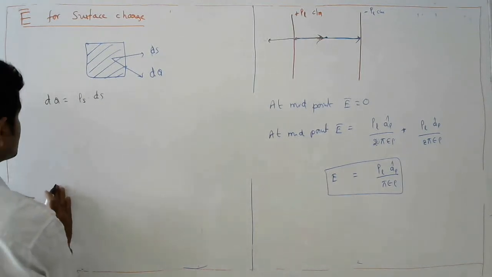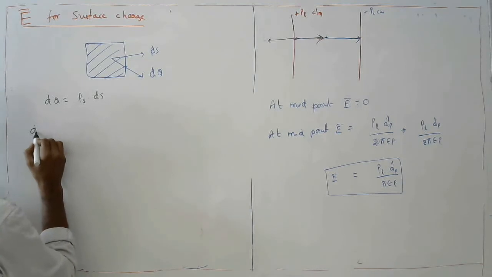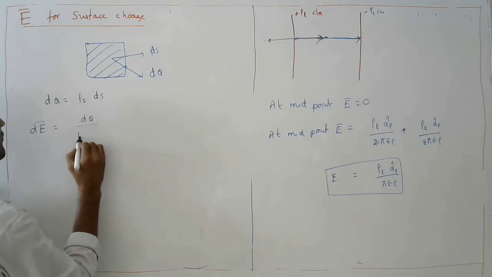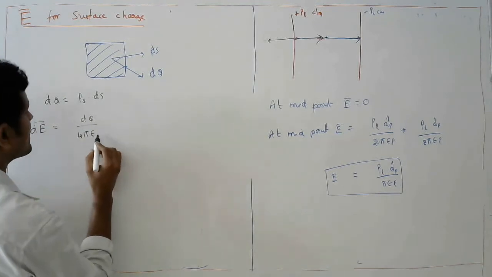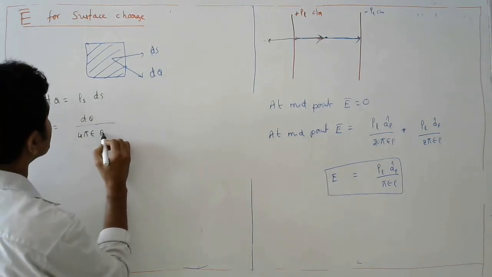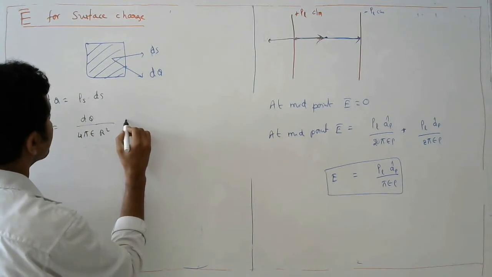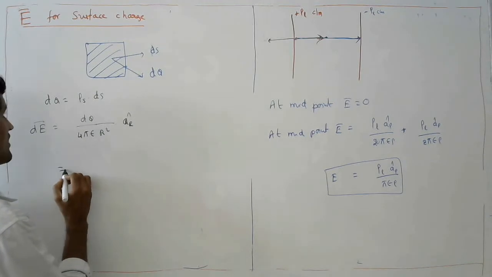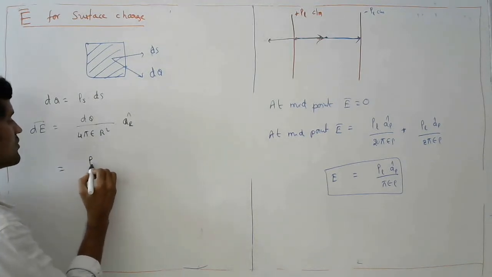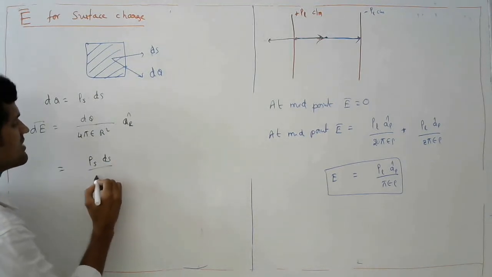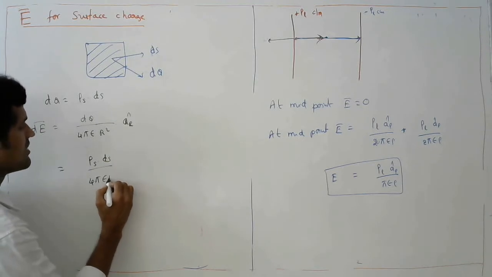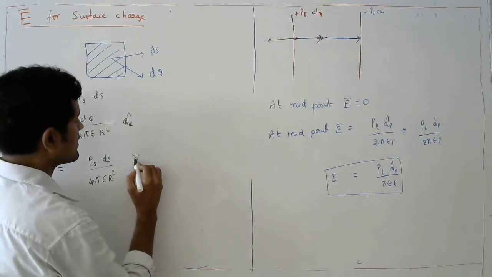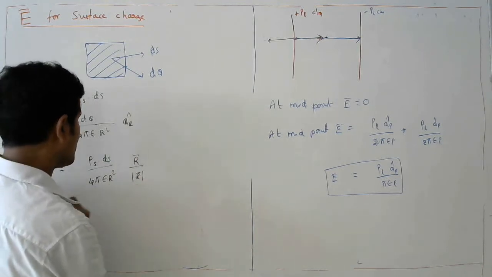So at this location, the differential electric field intensity dE bar is equal to dq by 4 pi epsilon r square into a_r cap. If you substitute dq as rho s ds by 4 pi epsilon r square, this r cap is nothing but r bar by modulus of r bar.